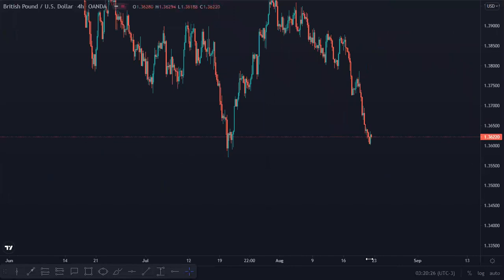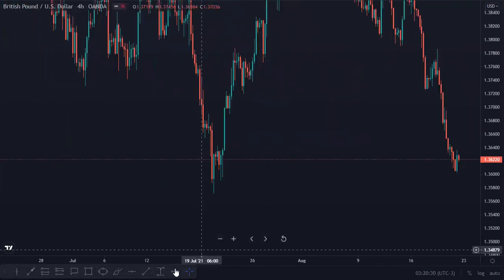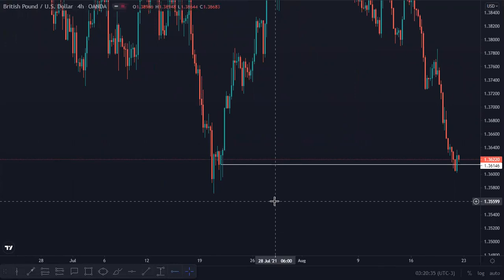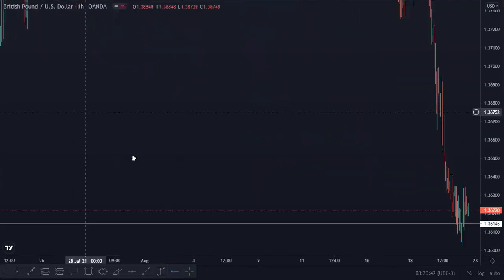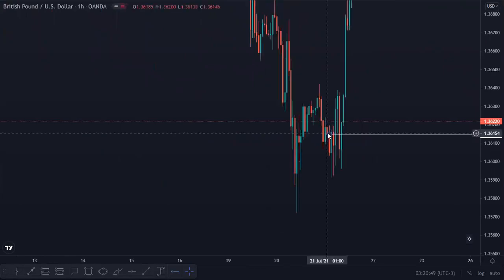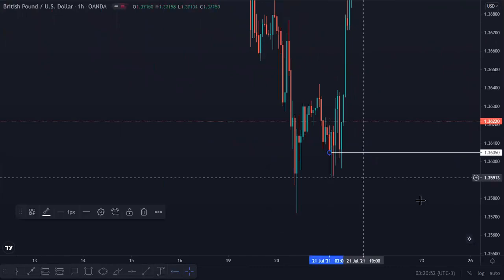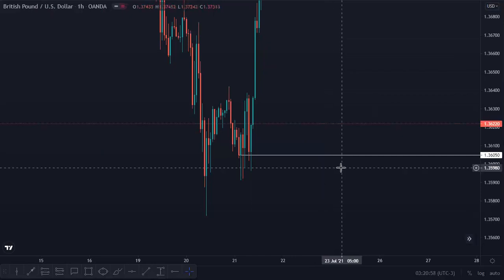Also, there is this trade right here on our invalidation X. Okay, let me go. Let me not go.